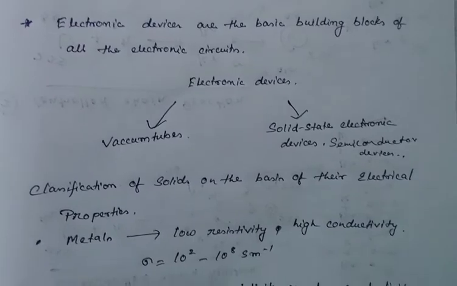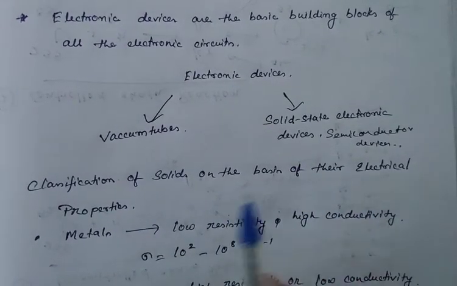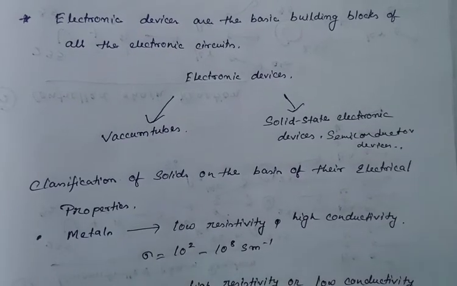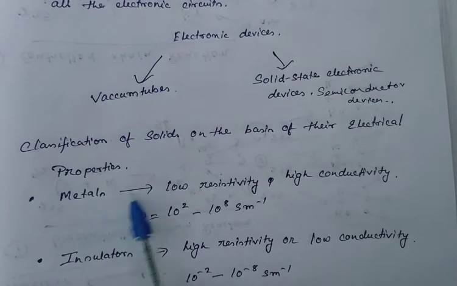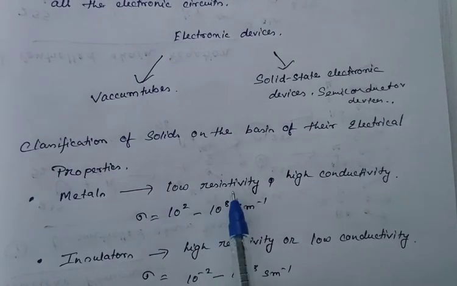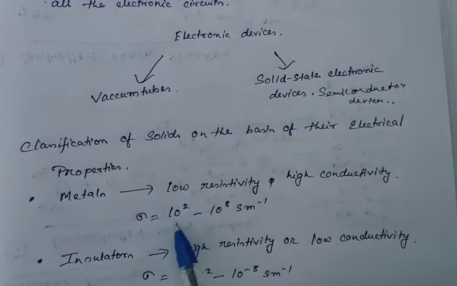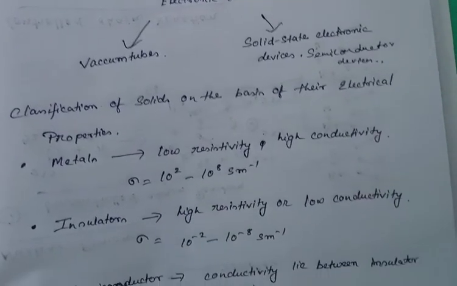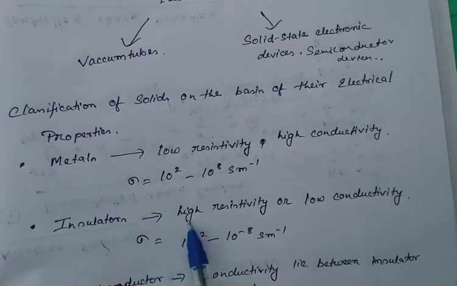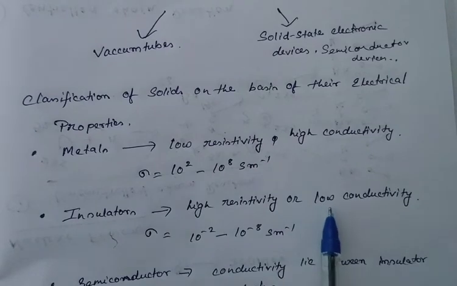Now we classify the solids on the basis of their electronic properties. Like metals, which is also conductor, it has a low resistivity but high conductivity. Conductivity is 10 to the power 2 to 10 to the power 8. Now insulators have high resistivity or they have low conductivity.